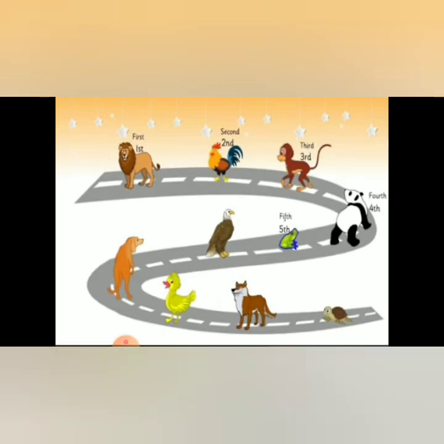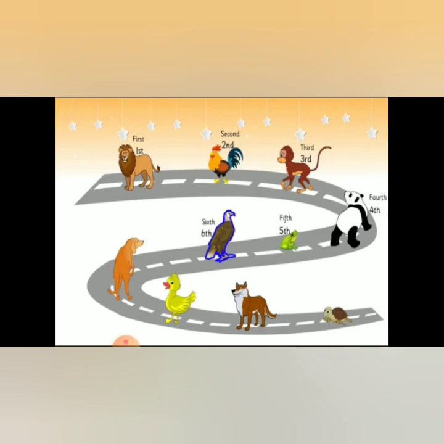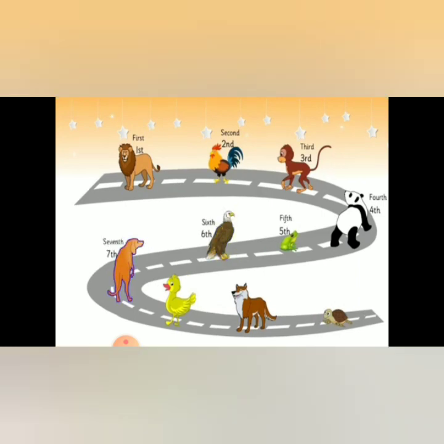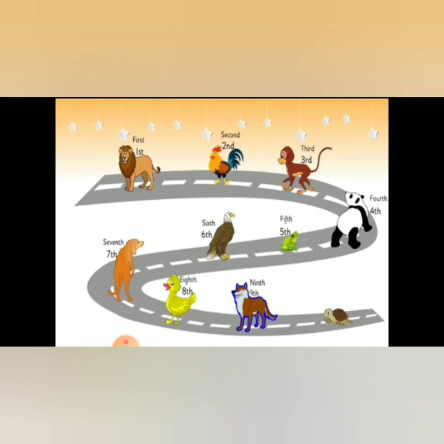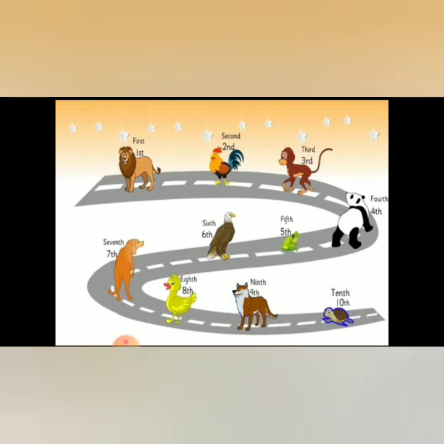Then sixth is eagle. Seventh is the dog. Eighth is duck. Ninth is wolf. And the last, that is 10th, is turtle. So this is known as a position. Okay, so these are known as ordinal numbers.